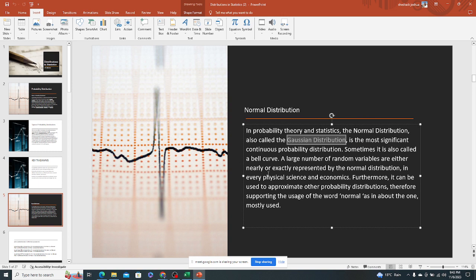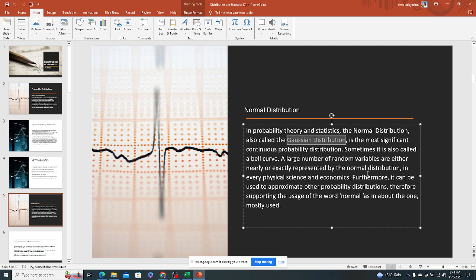A large number of random variables are either nearly or exactly represented by the normal distribution, more so in physical sciences and economics.